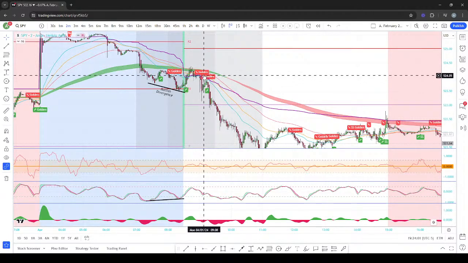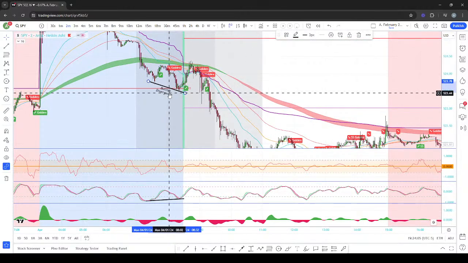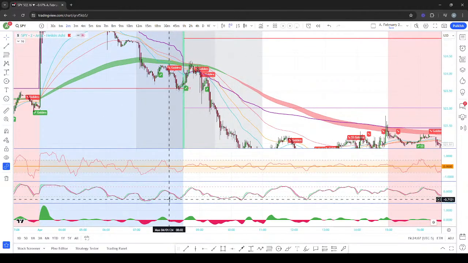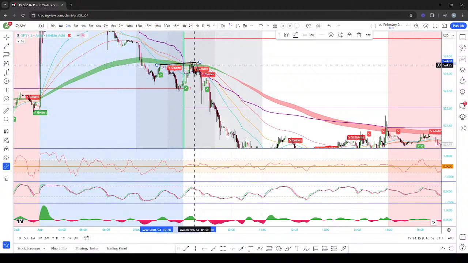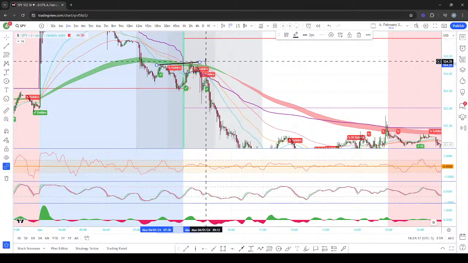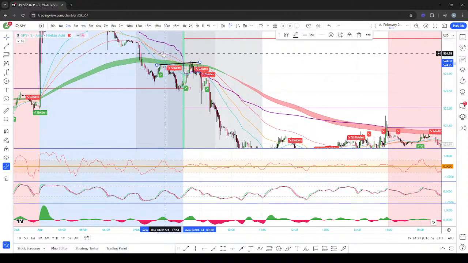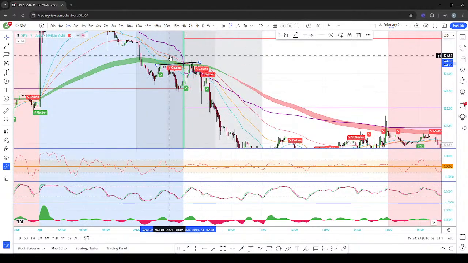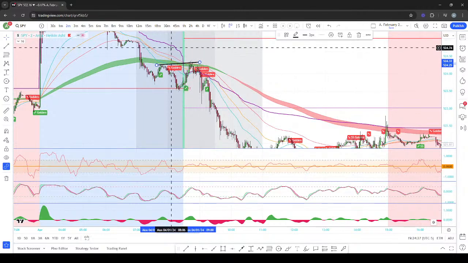So once again, I like to look for a divergence trade. I'm just going to remove this. And we do have a nice reversal divergence. It's a nice bearish divergence, and it's perfect because it's going to the downside and it is following the bias of the indicators right here.